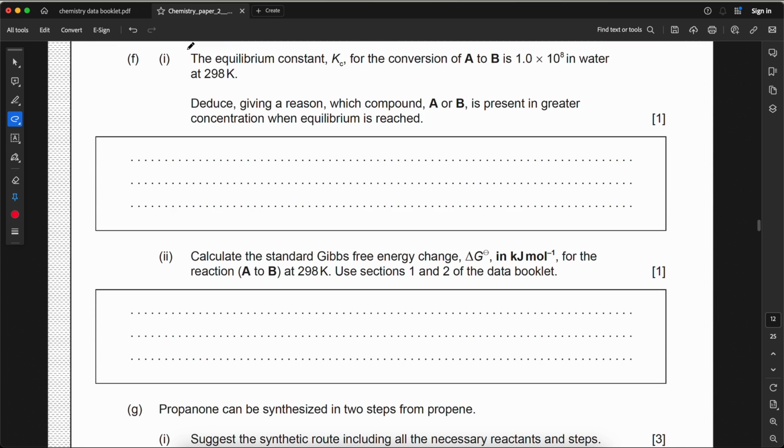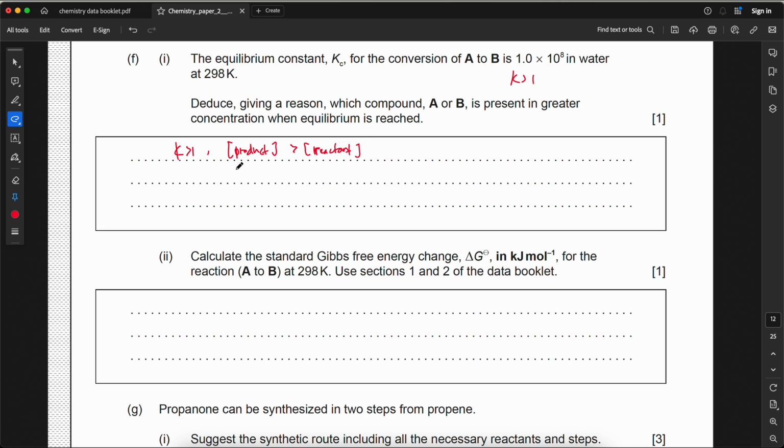The equilibrium constant Kc for the conversion A to B is 1 times 10 to the power 8. So K is bigger than 1. Deduce, giving a reason, which compound A or B is present in a greater concentration when equilibrium is reached. So Kc, if it's bigger than 1, it means concentration of product is bigger than concentration of reactant.